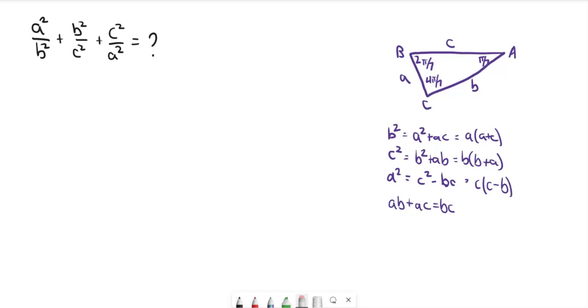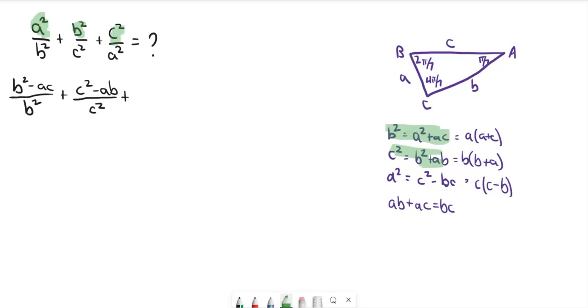Where I have a squared right here, I'm going to use this particular identity that I'm labeling in green in a rearranged fashion. So I'm going to rewrite that as b squared minus ac over b squared, plus, now we're going to take b squared here and rearrange that as c squared minus ab all over c squared, plus, and as you can see here, the c squared over a squared.